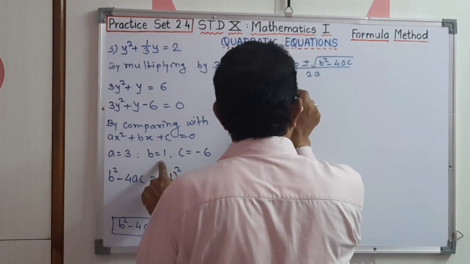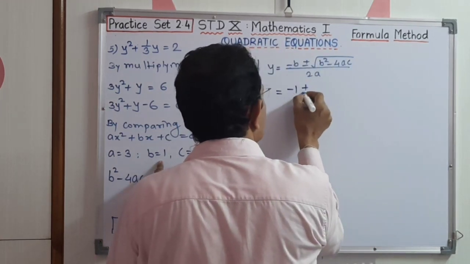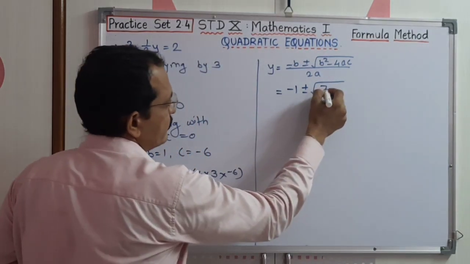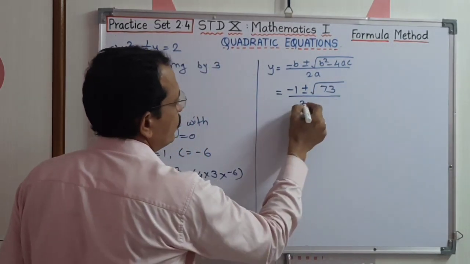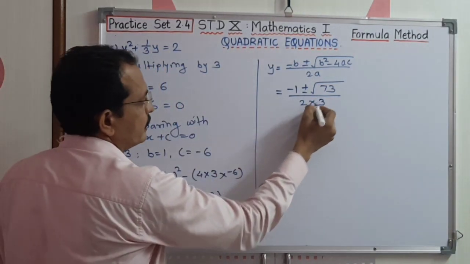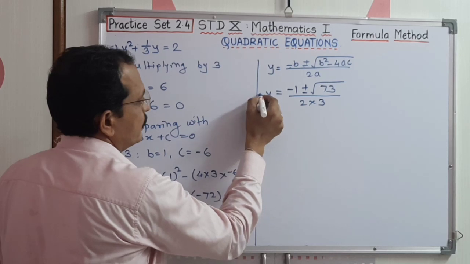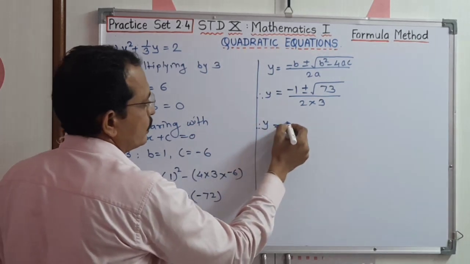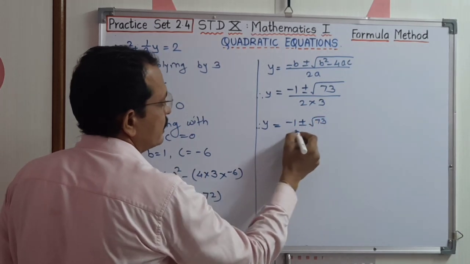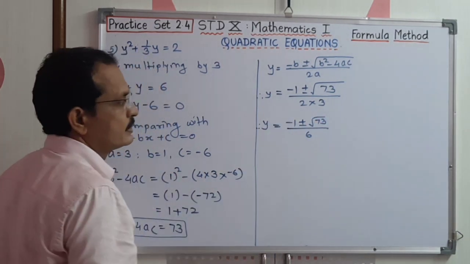It is 1, it is minus 1 plus minus under root b square minus 4ac is 73 upon 2 into the value of a is equal to 3. Therefore, here we get y is equal to minus 1 plus minus under root 73 upon 6.